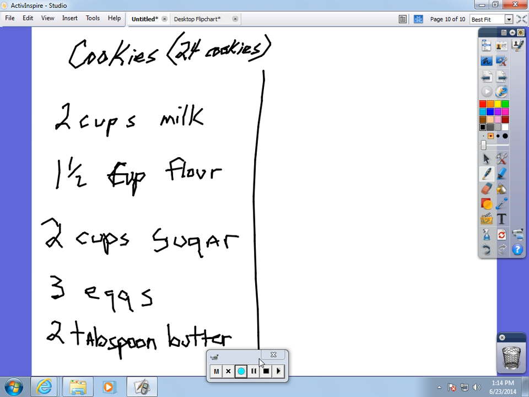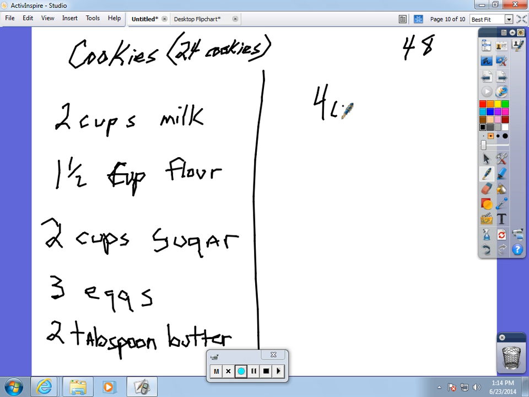All right. So you make 24 cookies, and everything's good, but somebody likes those cookies and says, you know, next time you make cookies, would you make me a batch? Yeah, sure. So you got to make 48 cookies. Okay, everybody's happy.